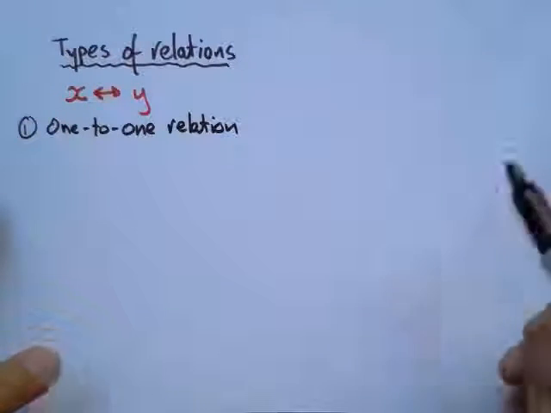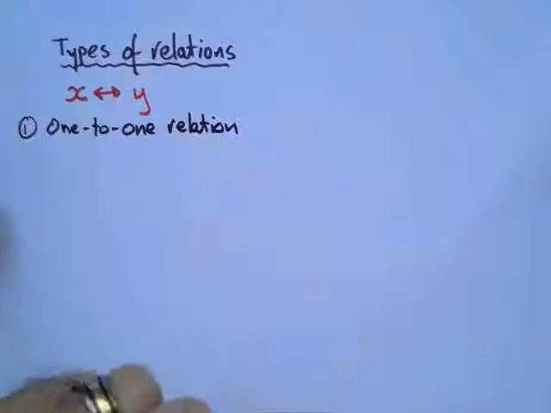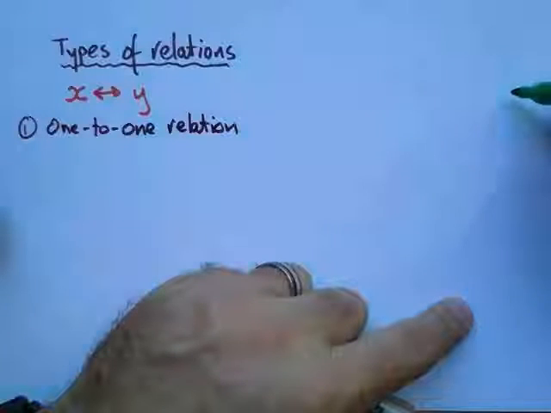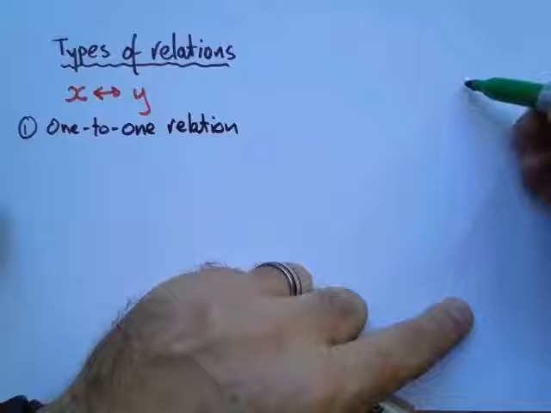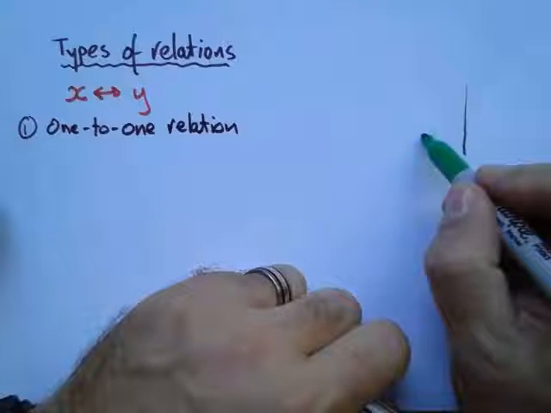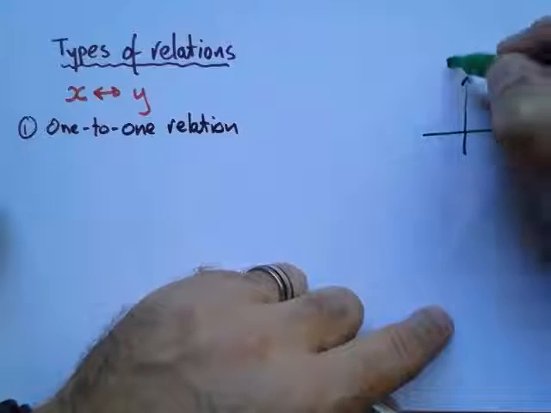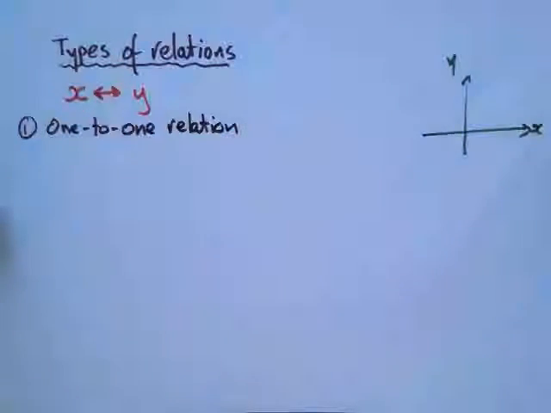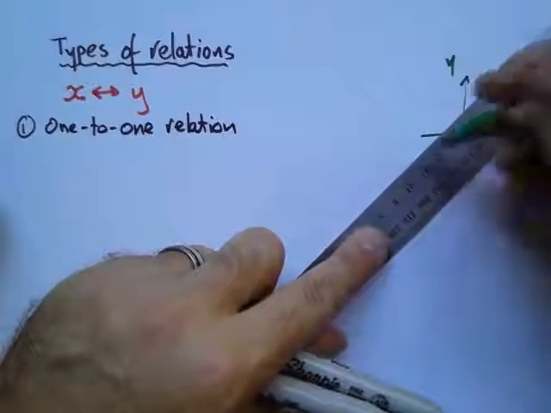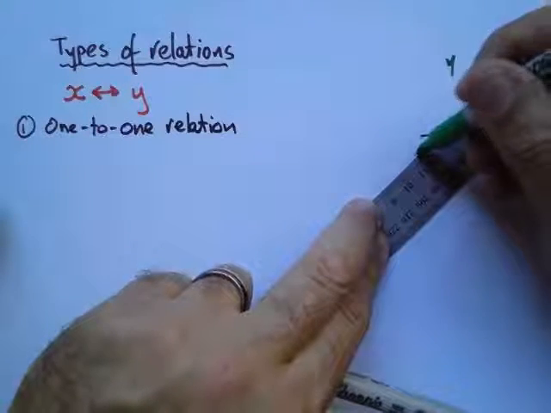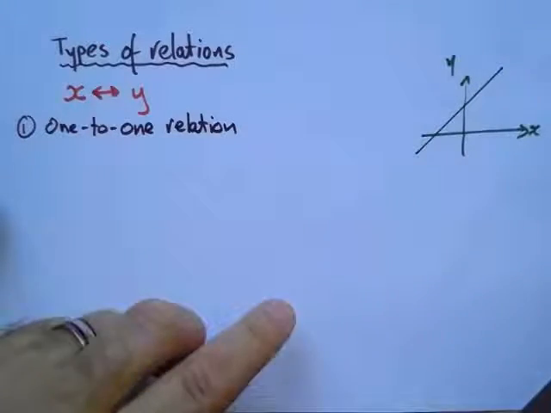And I think I'm going to do the one-to-one relation doing the graphs first. So if I have a graph, and I'm just going to do it right here over the edge. If this is x and that is y, and I have a graph that looks like this, I'm going to work in reverse.